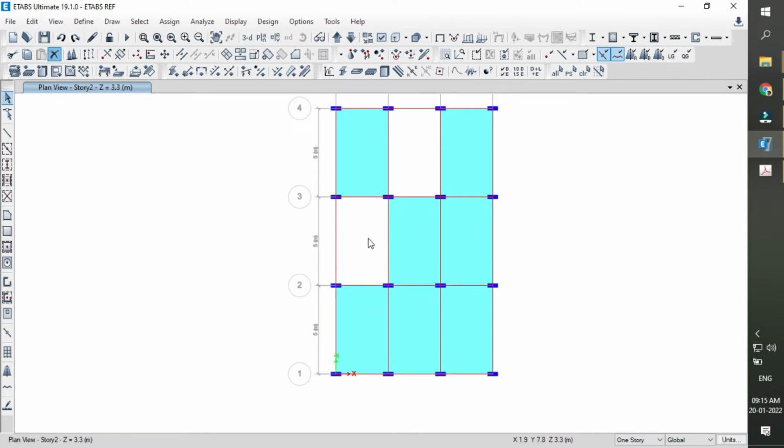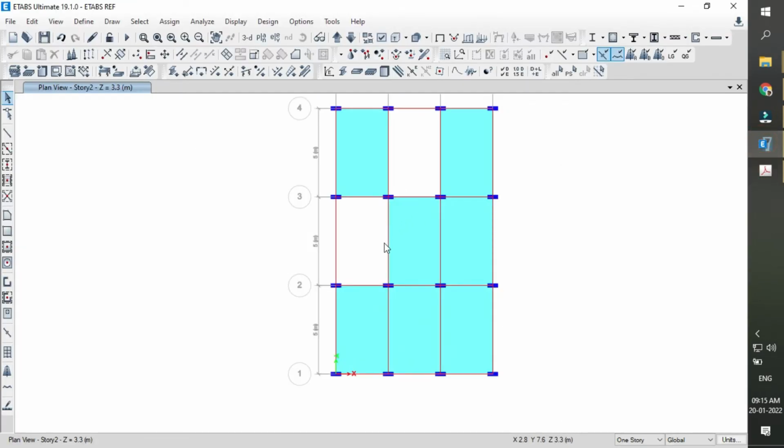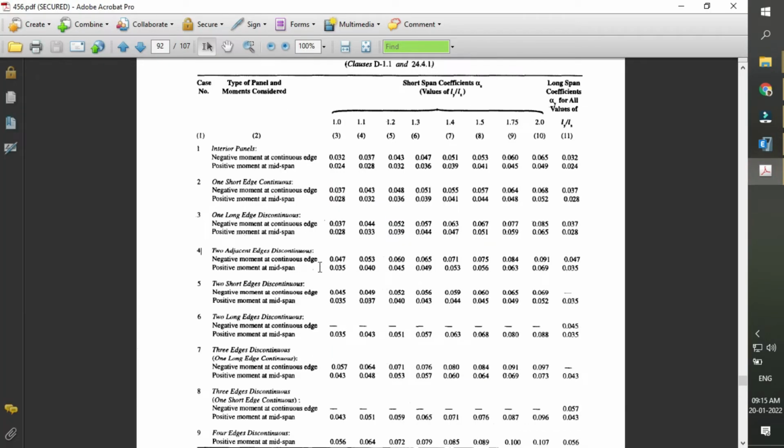I delete these two slabs so that case number 4, two adjacent edges discontinuous, means this slab has two adjacent edges discontinuous. So this slab is to be considered for the case number 4 coefficients.